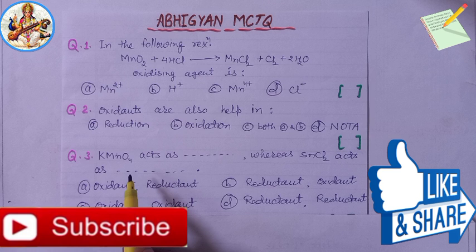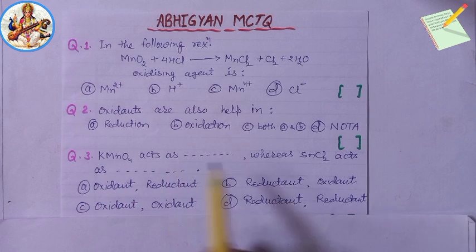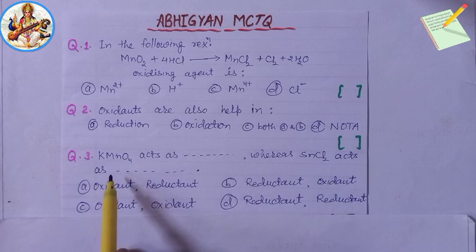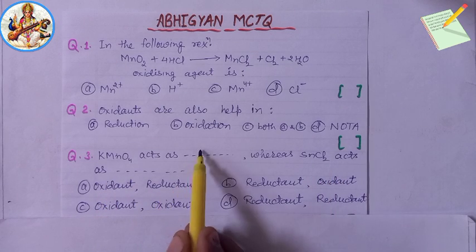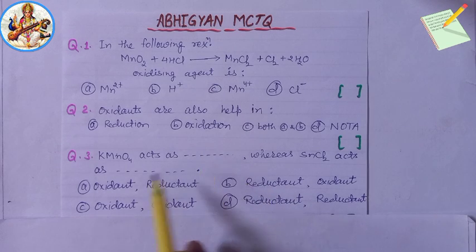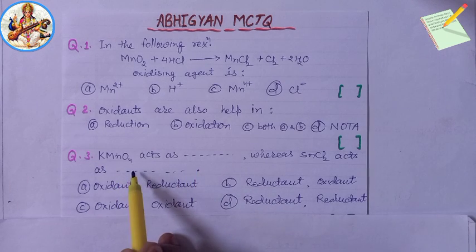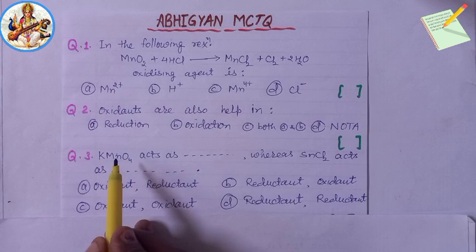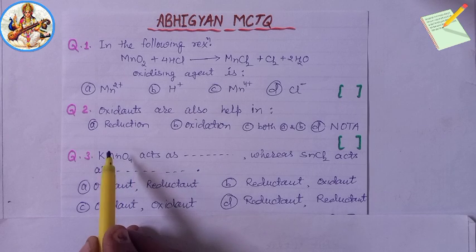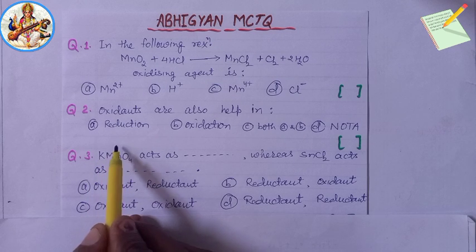Now next, third question, very important. KMnO4 acts as blank, whereas SnCl2 acts as blank. Option A, oxidant reductant; option B, reductant oxidant; C, oxidant oxidant; and D, reductant reductant. We know that the oxidation number of manganese in KMnO4 is +7.